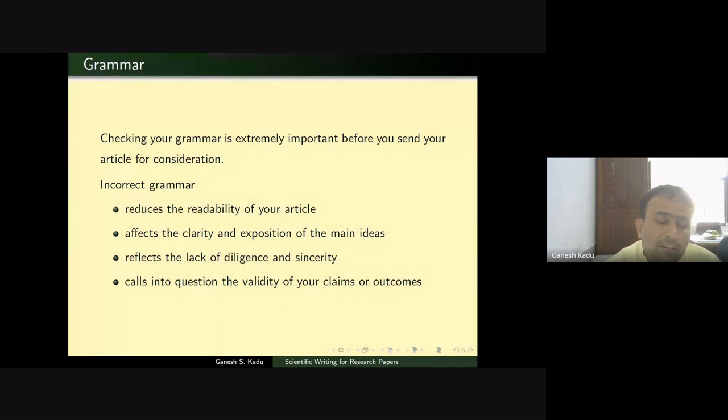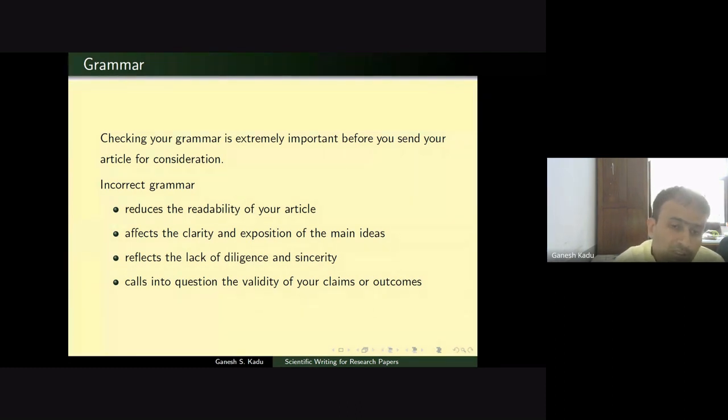that you have some good scientific content to present, you propose some very good research idea, but you've not written it properly and you've made some very basic mistakes, let's say in grammar, then it immediately casts doubt on your claims, because people will say that if you truly had some good content, then why didn't you do basic things like grammar check, for instance?